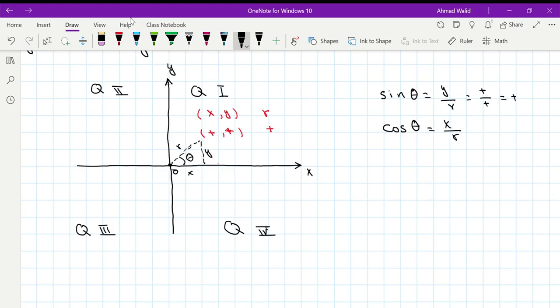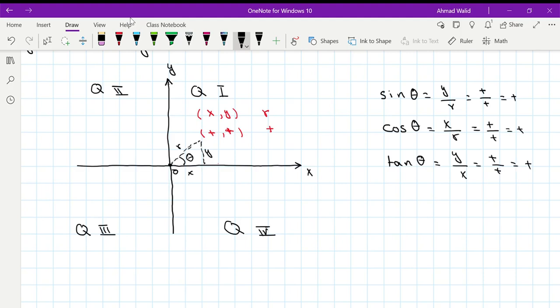X over r means x is again positive in this quadrant, r is positive, so your cosine is also positive in quadrant 1. Tangent theta means y over x. It means again positive over positive, which gives you positive.